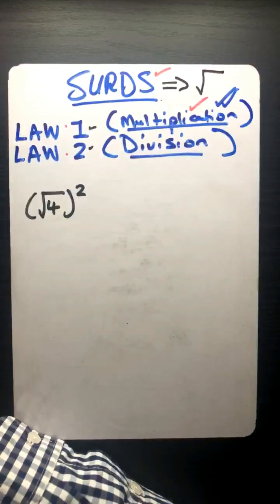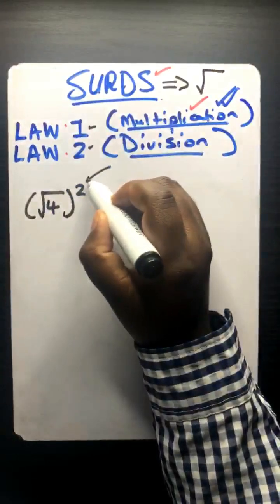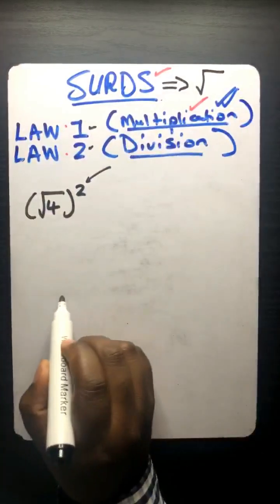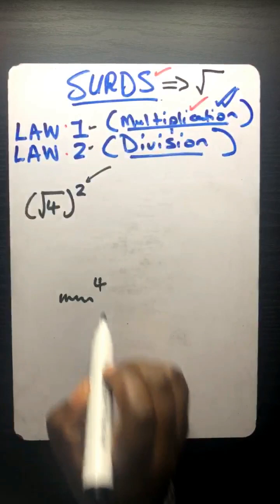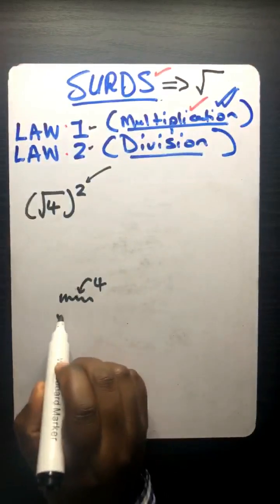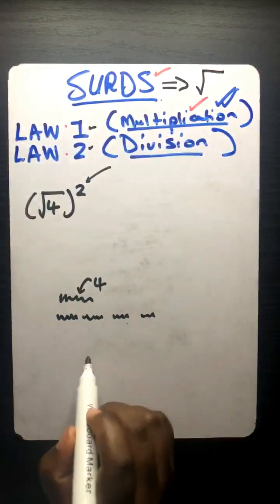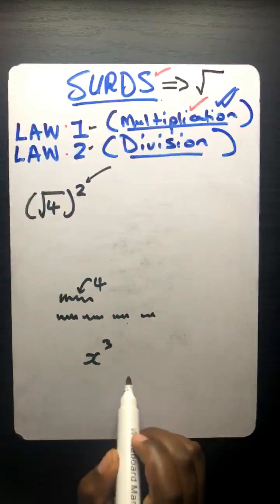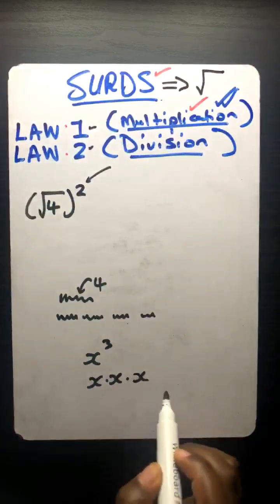Remember, guys, at all times, a power of something means something. If you have whatever to the power of 4, that means you have 4 of whatevers. If you have x to the power of 3, that means you actually have x times x times x.